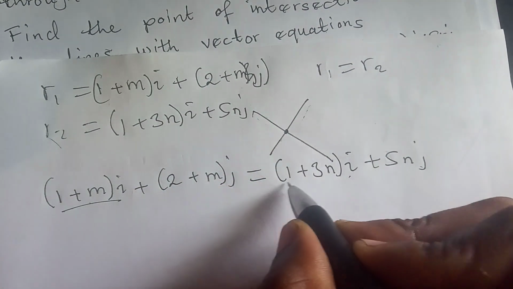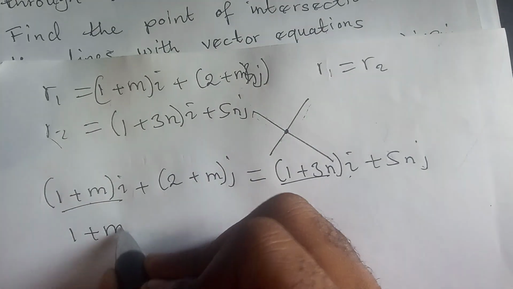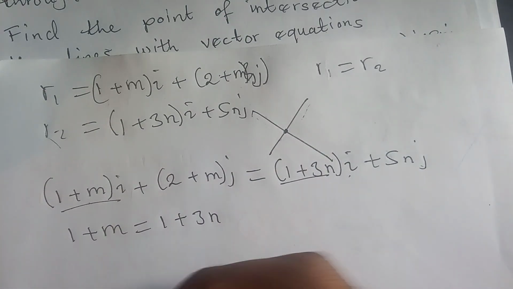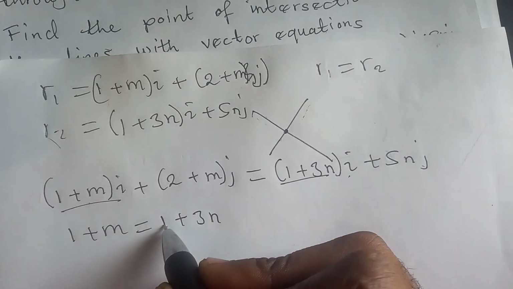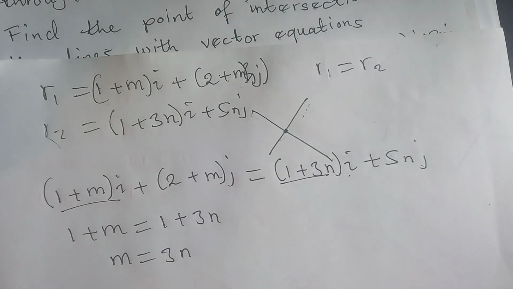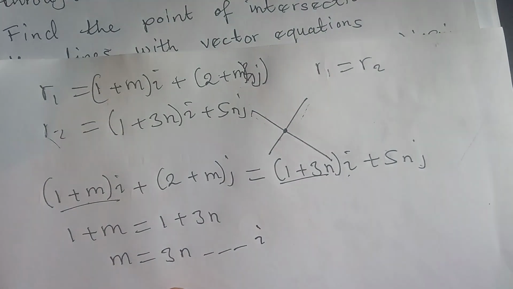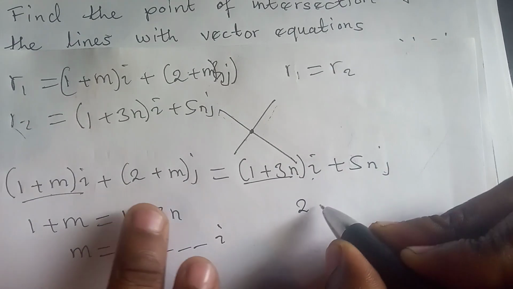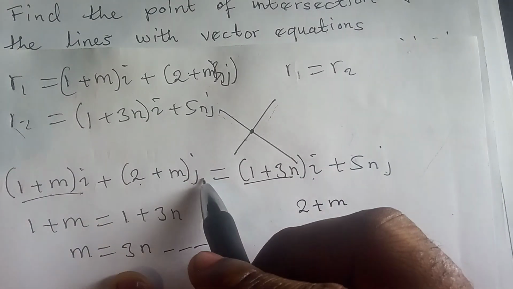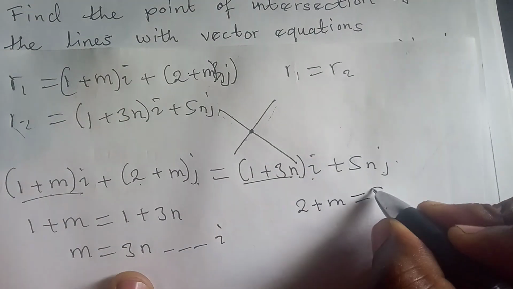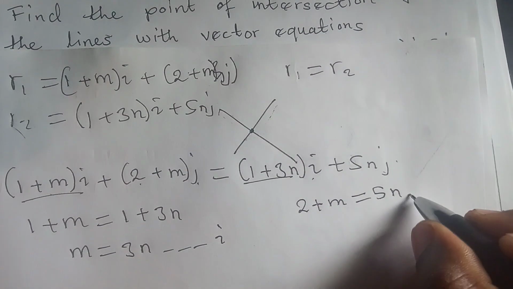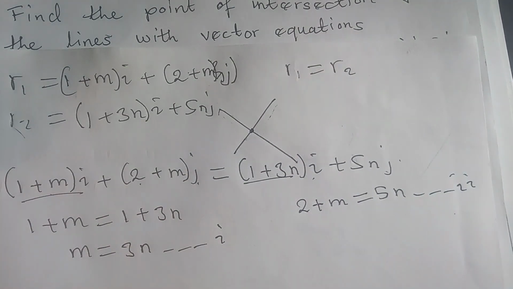So you can equate these two and simplify. So when I take the 1 to the other side, it will subtract with that. So I'll just remain with m is equal to 3n, and then this will be my equation 1. To find our second equation, we can simply get 2 plus m. Remember, the coefficients of j must also be the same, and then I can call this one my equation 2.